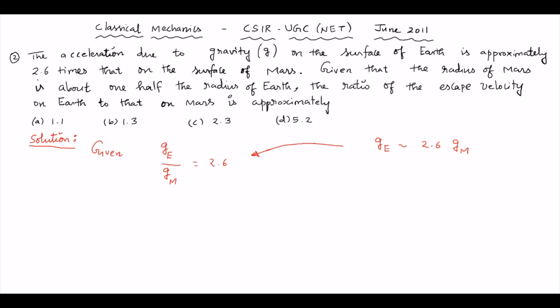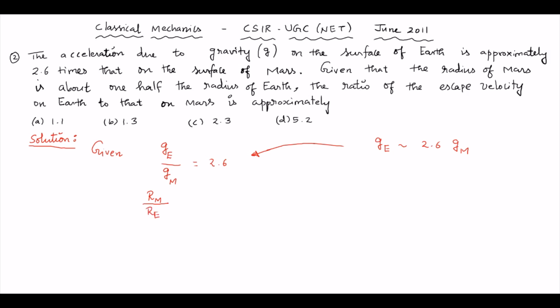The second sentence: given that the radius of the planet Mars is about 1/2 the radius of the Earth. So let R_E be the radius of the Earth and R_M the radius of Mars.